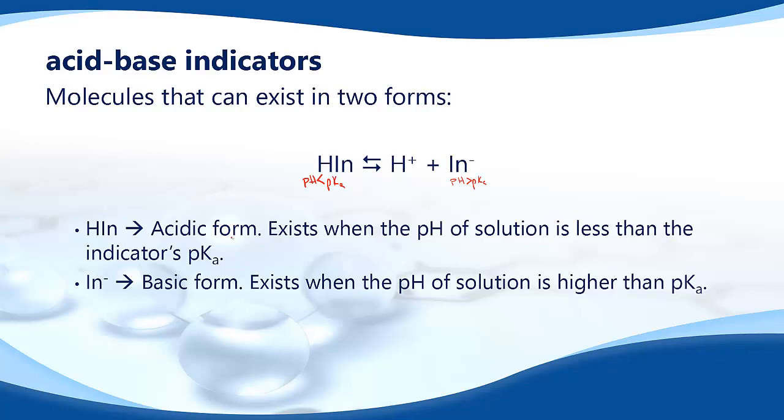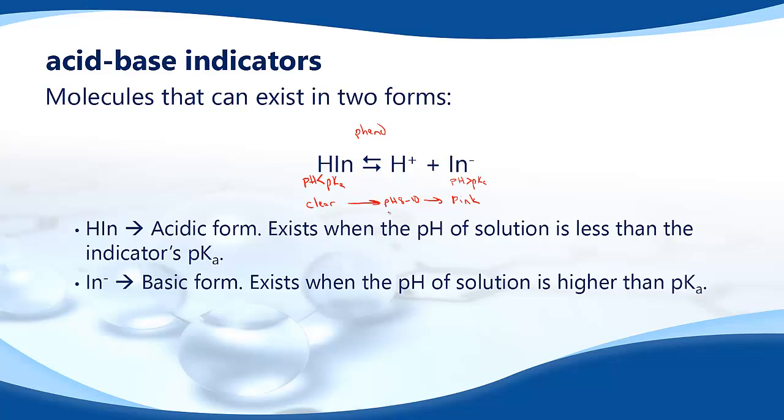So for example, if I take phenolphthalein, the acidic form of pheno is clear or colorless. The basic form of pheno is pink. This occurs at around pH of 8 to 10 is when this transition occurs.